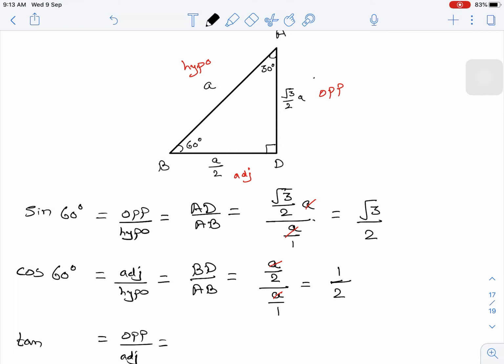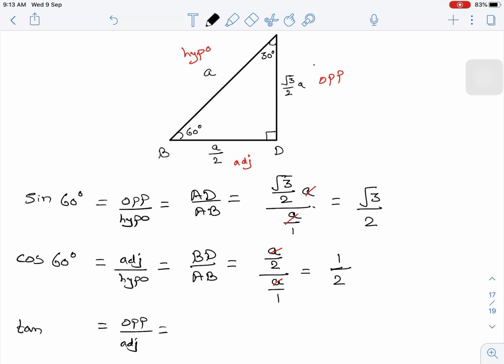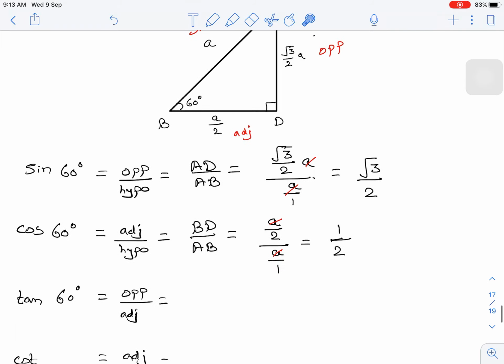The next one is tan 60 degree. Now once we are having all the values, what can we write further? We are having the value of sine and cos, so directly also we can find tan.